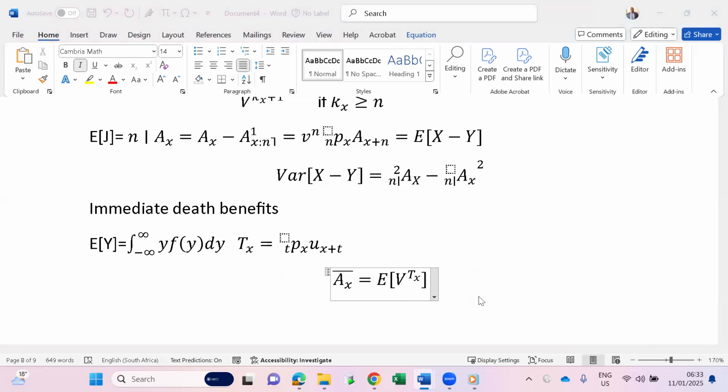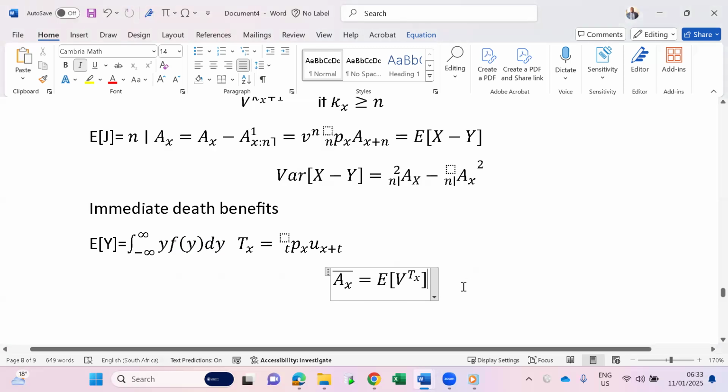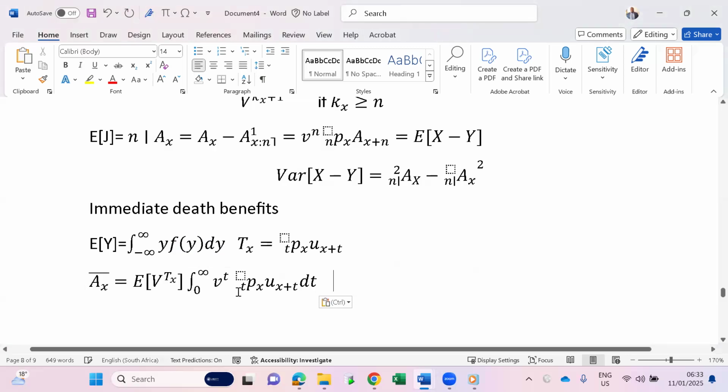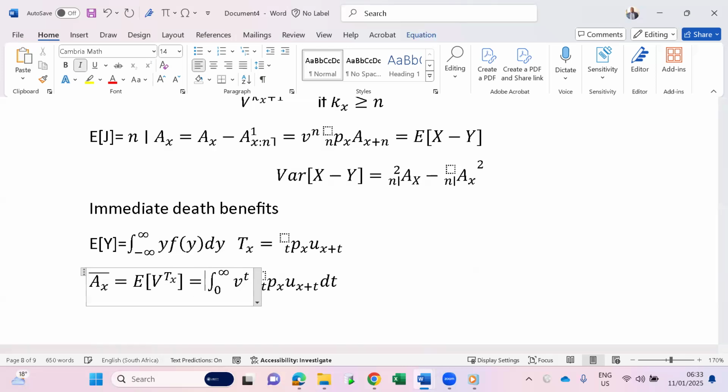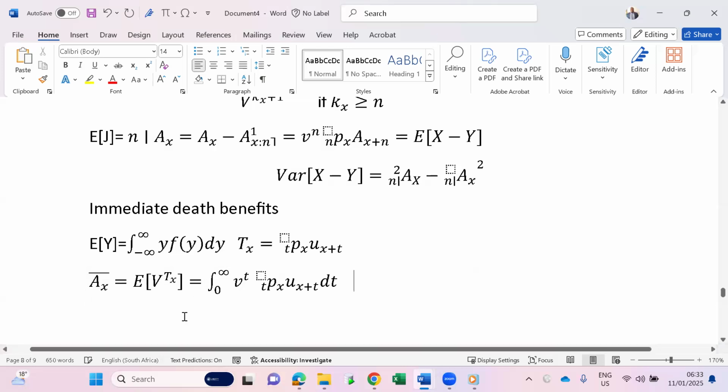So we have to integrate that by v^t and then tp_x, right? And then the PDF.